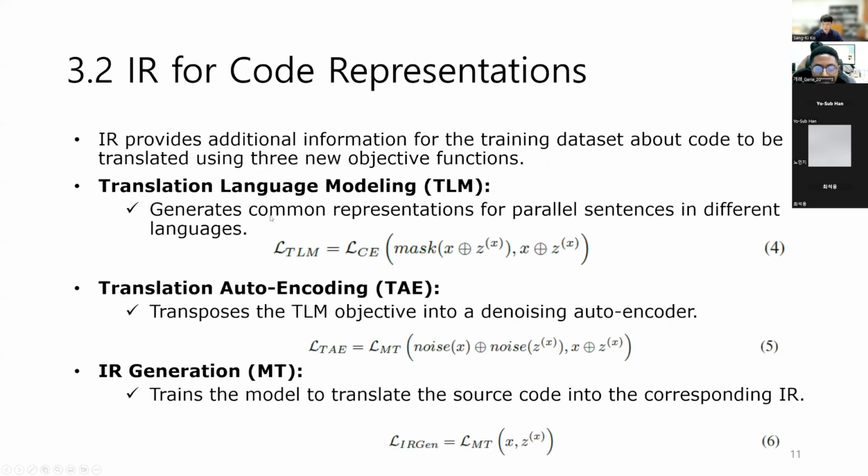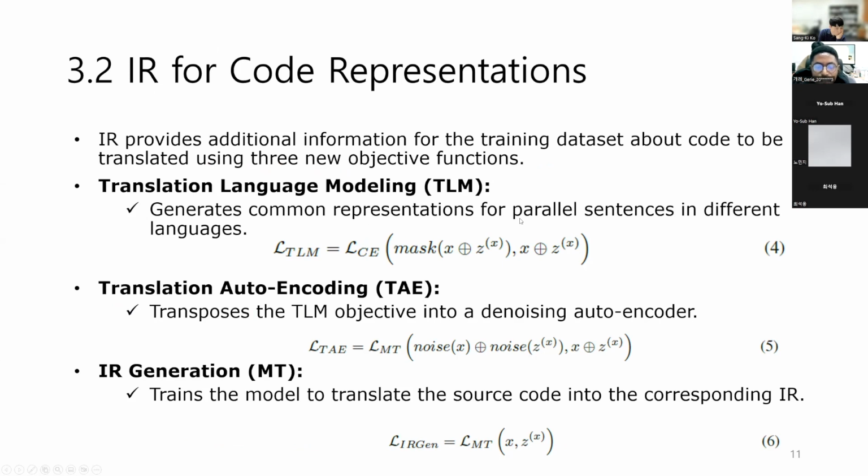In this paper, the special part is that they add IR as additional information to make the code translation model strong, and a robust code translation model is built using these three objectives. The first one is the translation language model, TLM.